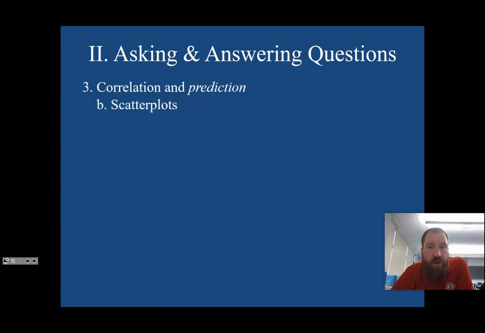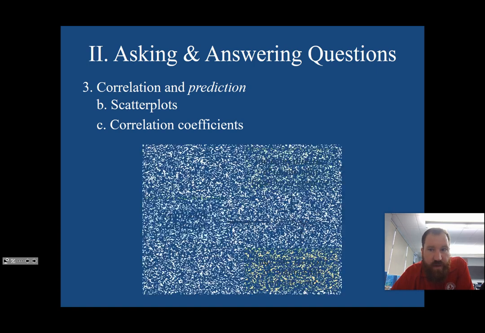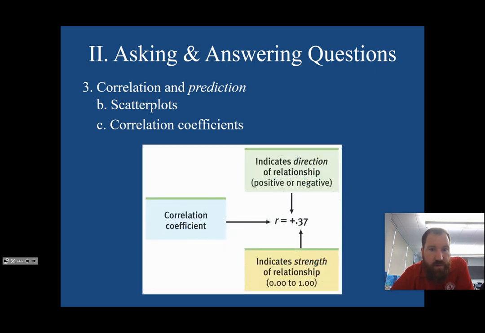So let's talk about these correlation coefficients. I told you before that R is the variable that we use for correlation coefficients. It is either a positive or a negative number, ranging from positive 1 to -1. Keep in mind that a plus sign or a minus sign here means the direction of the correlation.